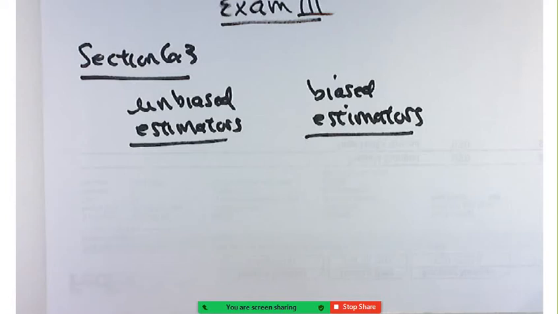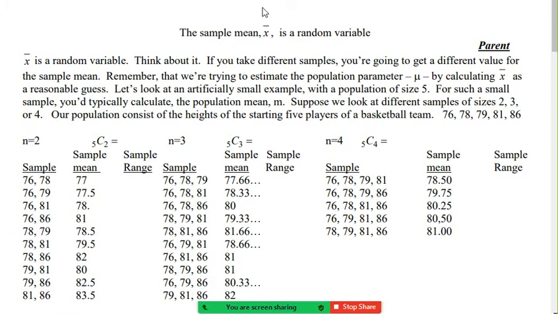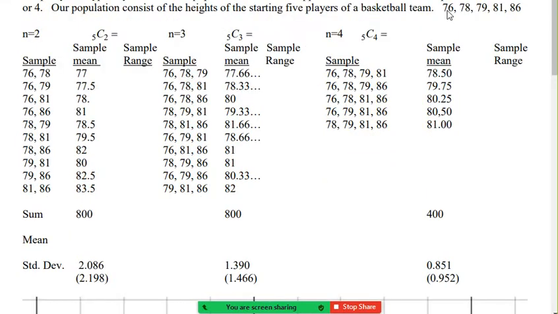So in section 6.3 we talked about estimators, and in particular we worked on this handout, which showed that the sample mean is an unbiased estimator. Now what makes something an unbiased estimator? Well, if you remember, we had this data as our population.